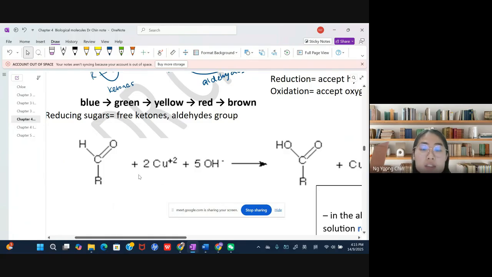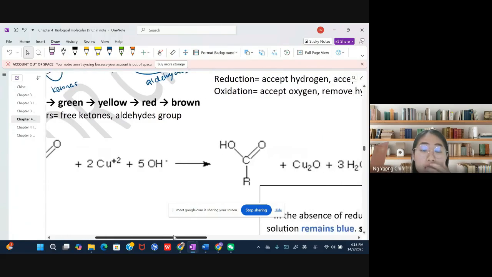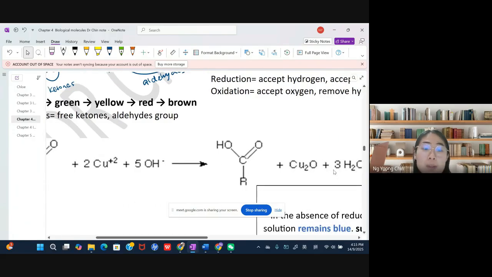What's meant by reducing sugar? Reducing sugar means that they're able to reduce others. For example, they're able to reduce copper 2 plus to become copper plus. How are they able to do that?